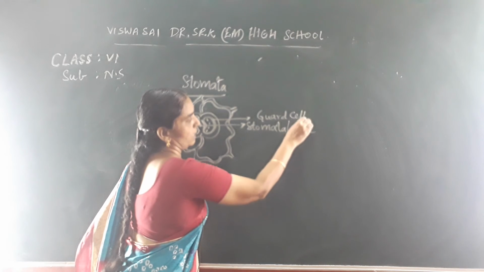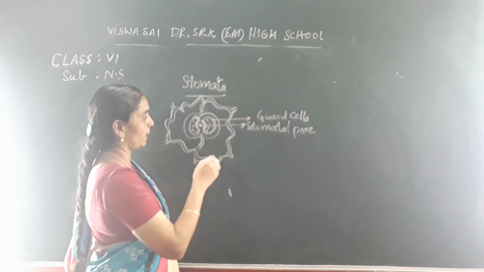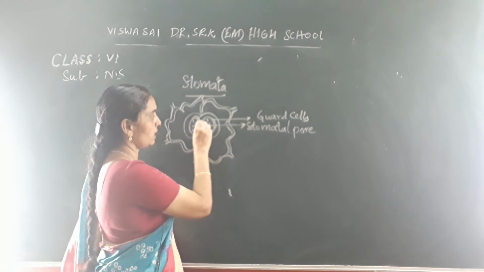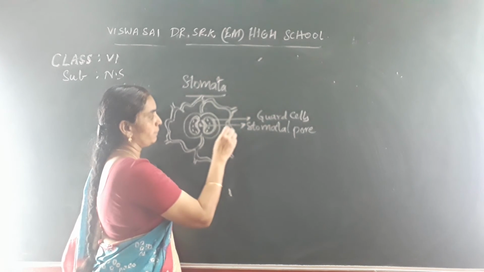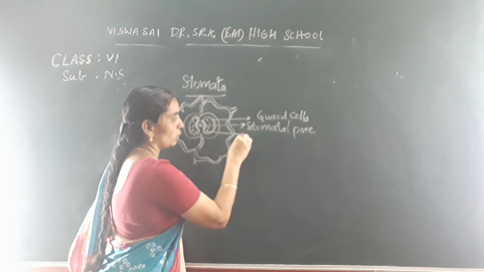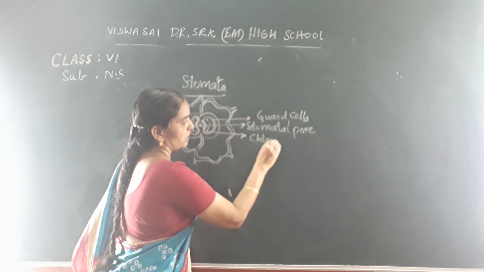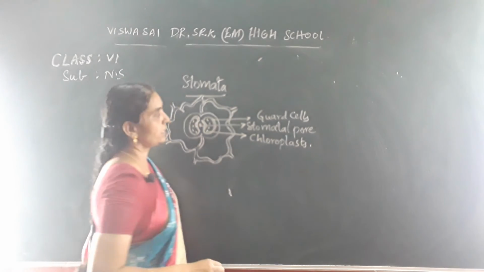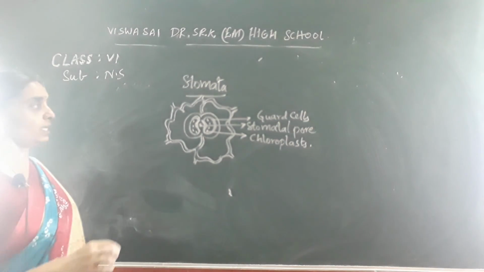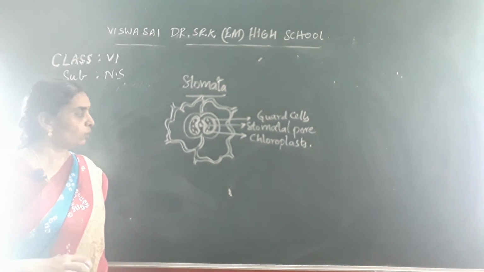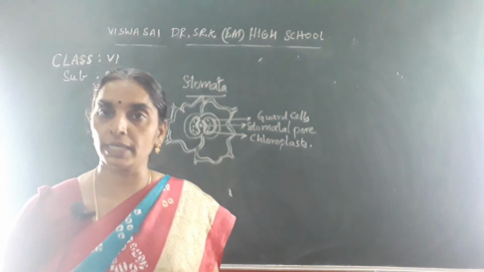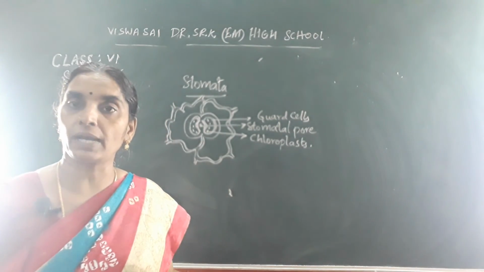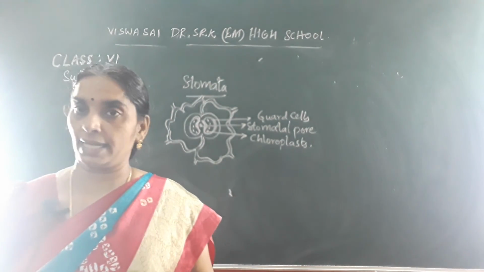There are guard cells in the stomata. They protect this pore of the stomata. And these are chloroplasts. This is the structure of the stomata. Hope you understood, children. Draw neatly in your notebooks and try to bring it for the next class.